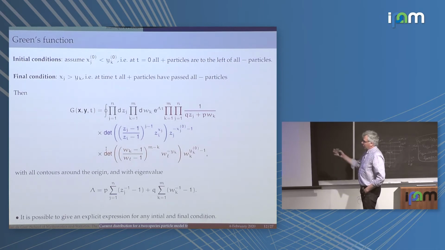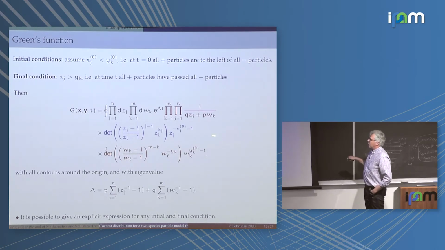So we have to go through this step by step. If you look at the blue bit first, that would be the formula if you just had a single species TASEP. It's determinantal, and you have to integrate over these z variables to satisfy the initial condition.